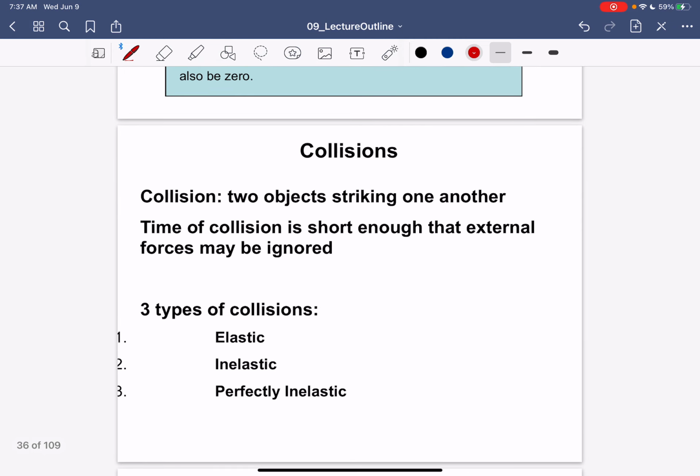Now, collisions. The word collision here is not going to consider collisions like car accidents. It's going to be two objects going through an interaction for a very short period of time.